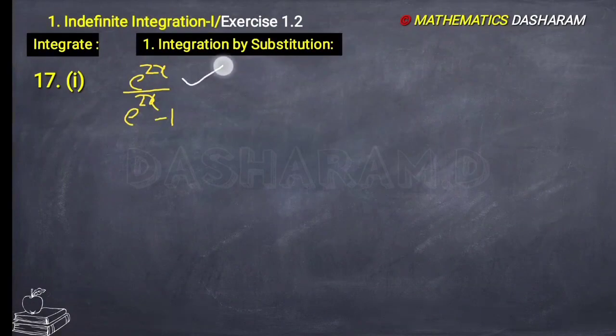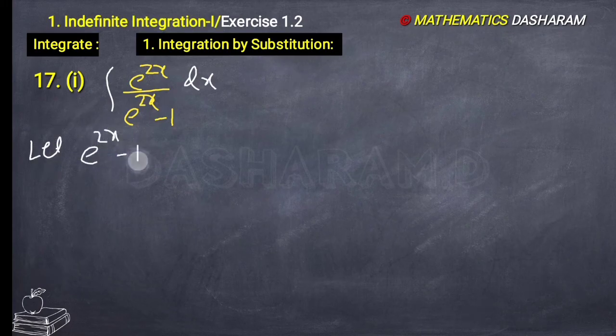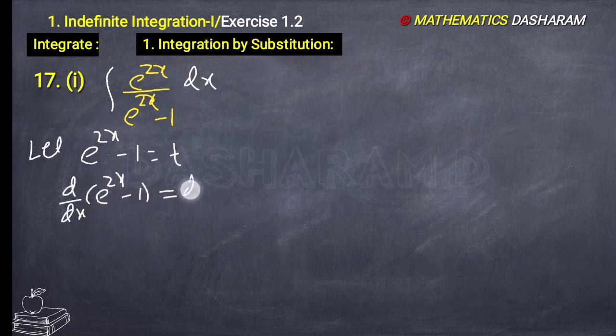17th bit, first problem: e power 2x by e power 2x minus 1. So let e power 2x minus 1 equal to t. Do the derivative on both sides with respect to x.